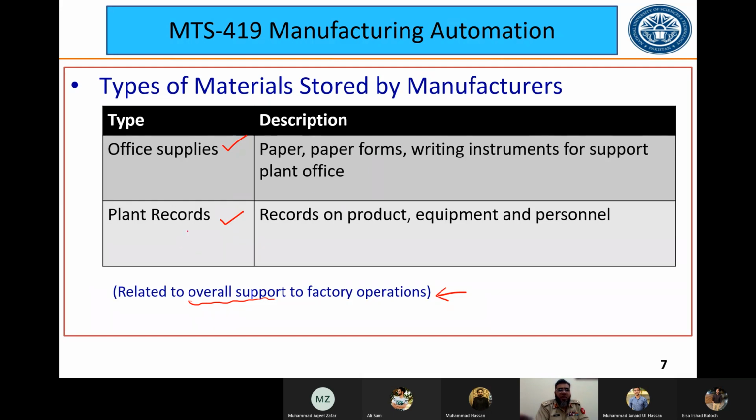And then the plant records, whatever records you have of the plant, like the number of parts which have been manufactured, number of supplies given, the orders which have been received. All of these are to be stored by the manufacturer. So these are the different types of materials which are required to be stored by the factory or the manufacturer.